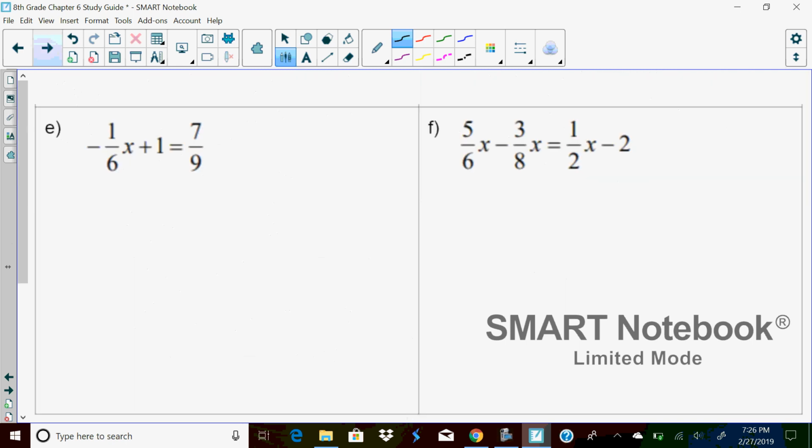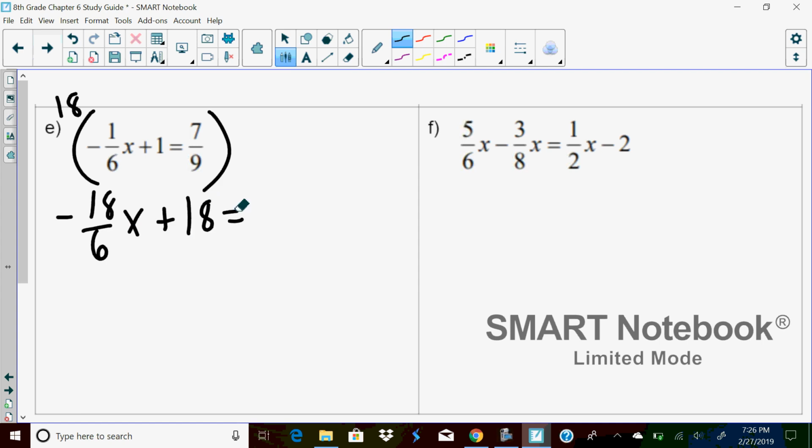E, I'm going to multiply everything by 18, because 18 is my lowest. So I get negative 18 over 6x plus 18 equals 18 times 7, 126 over 9.